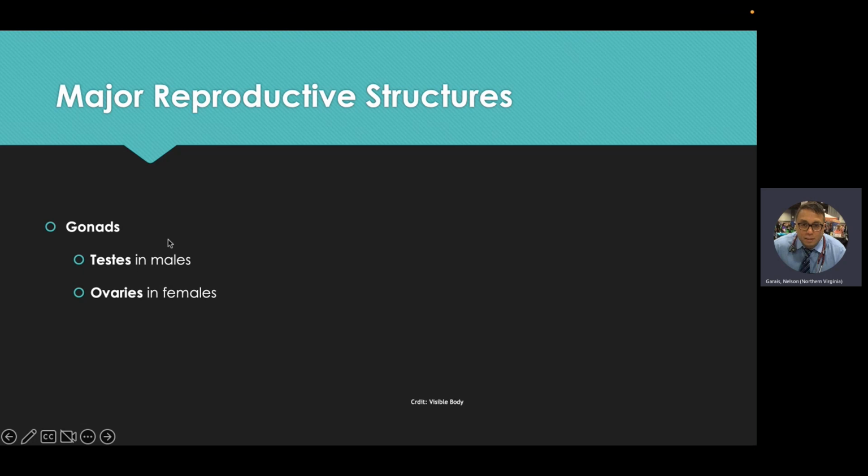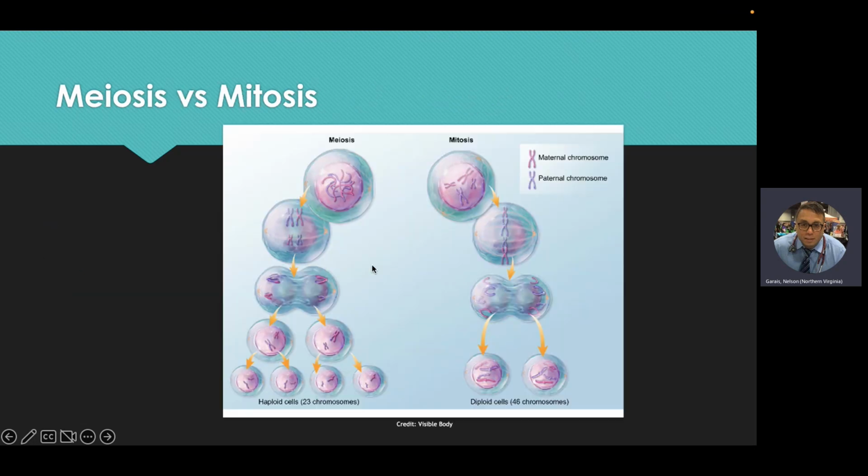The testes, via the hormone testosterone, will make sperm, and the ovaries, via estrogen, progesterone, follicle stimulating hormone, and luteinizing hormone, will, during the midpoint of the menstrual cycle, release a single egg or ovum. Testes and ovaries are your gonads.